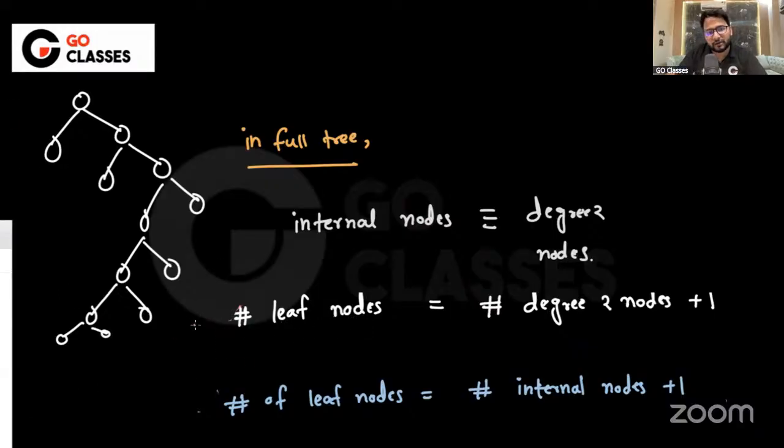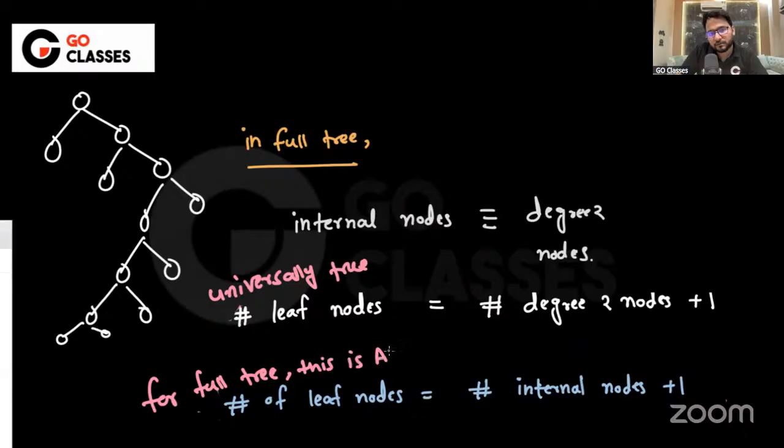This one is universally true, right? But since the internal nodes and degree 2 nodes are the same here, you can replace these two for the full tree only. For a full tree, this is also true.